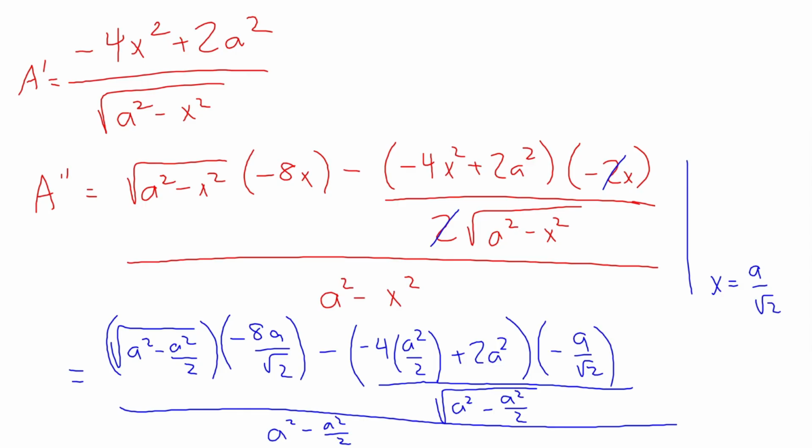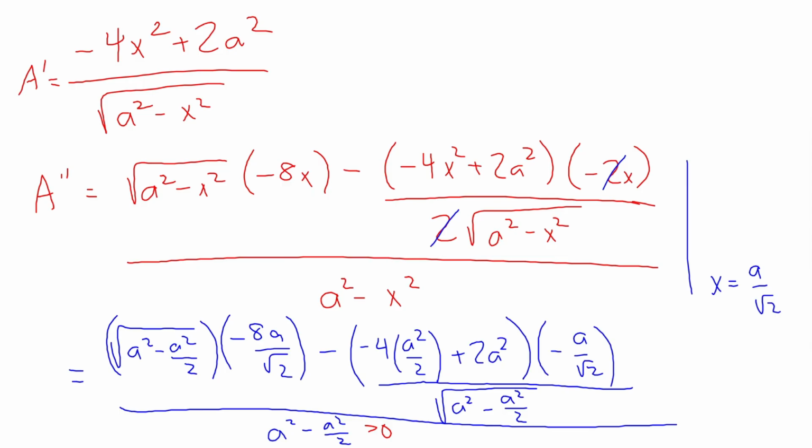So now as we try to evaluate this, we don't really need an actual value in the end. We just need to see if it's positive or negative. And a squared minus a squared over 2 is going to be positive. This denominator here is going to be positive, so I'm going to just completely ignore that from now on. This part right here, down in the denominator, is going to be a positive number as well.